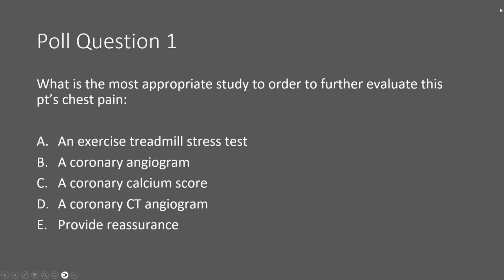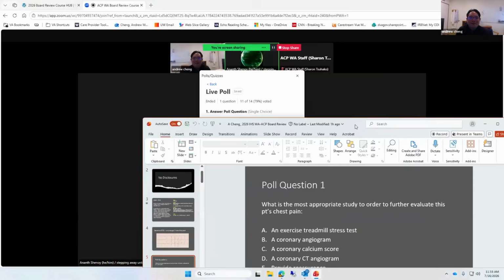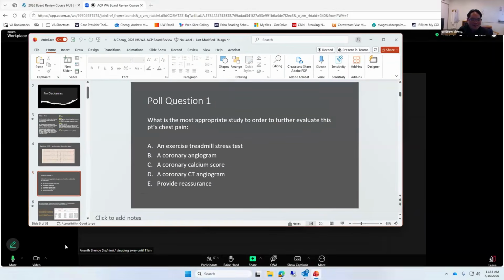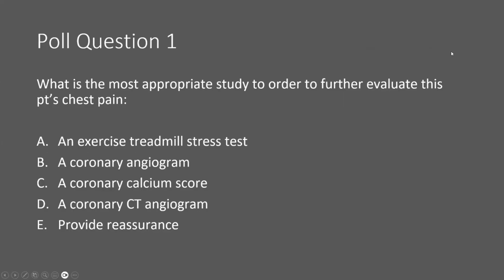Under the triple dot next to share in Zoom, there's polls and quizzes. The problem is I'm seeing the whole slides, and I'm not seeing you guys, but that's okay. Let me go back there. If it's helpful, I can read you the results.